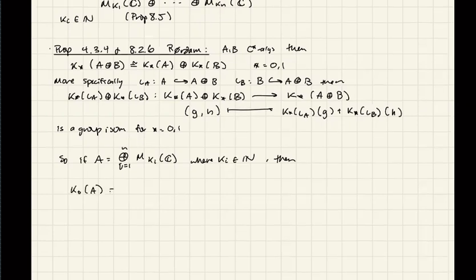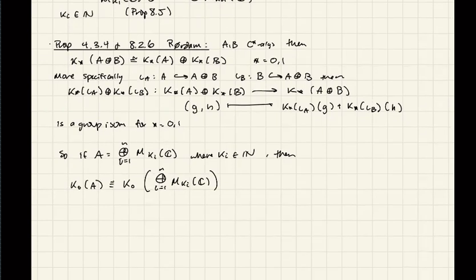So this is isomorphic to taking the K-theory of the direct sum. Rachel discussed that last time, saying that if two C-star algebras are isomorphic, their K-theory groups will be isomorphic. And we can apply that proposition above to say that this will be the direct sum of the K-theory groups of our matrix algebras.